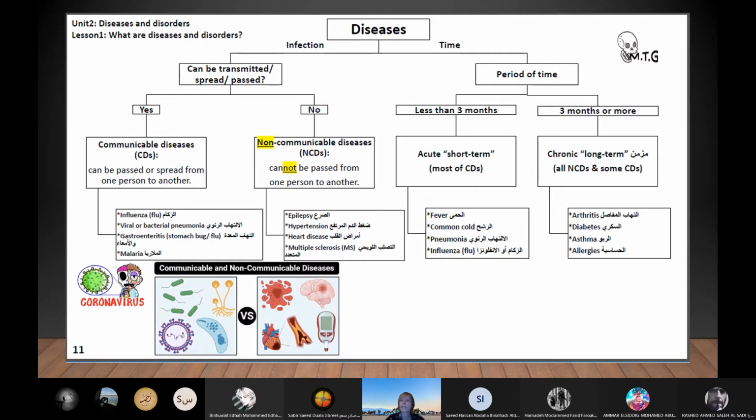It is known as a disease of the immune system, so that may be a bit confusing sometimes. Diseases that last less than 3 months are short-term, and diseases that last 3 months or more are long-term. These are chronic diseases, or else they're acute diseases. Here are some examples in your sheet.